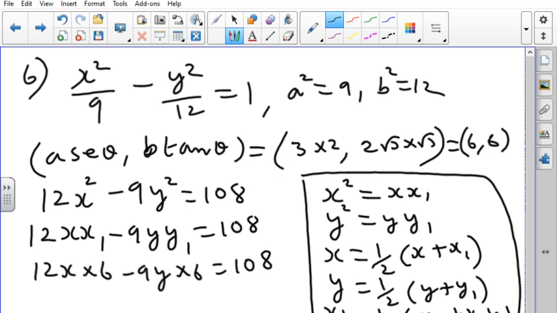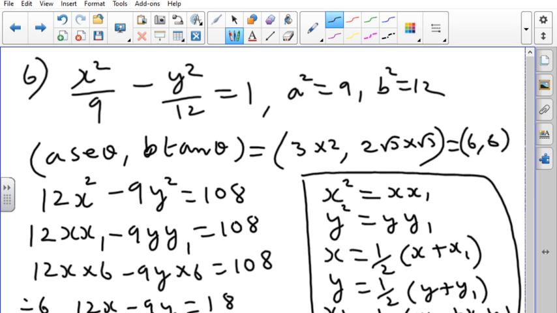So divide throughout by 6. We get 12x minus 9y is equal to 18. So again dividing by 3, we get 4x minus 3y is equal to 6. So this is the equation of the tangent.